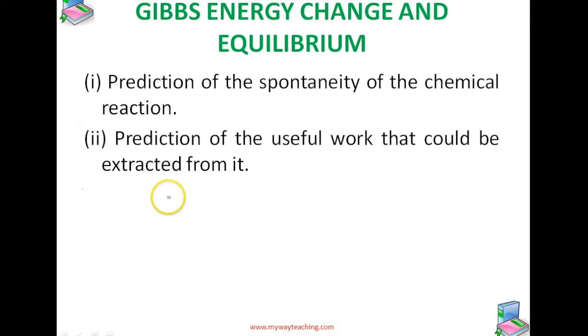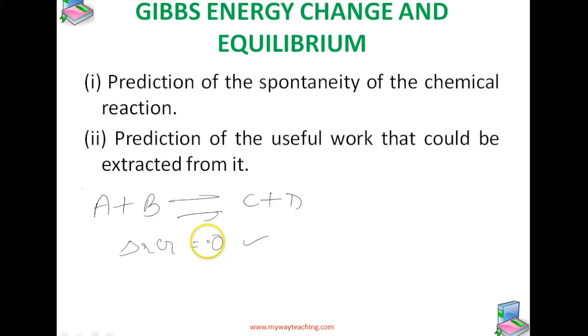If it is not, the system would spontaneously change to a configuration of lower free energy. So the criterion for equilibrium, for A plus B giving C plus D, is delta R G equal to 0.